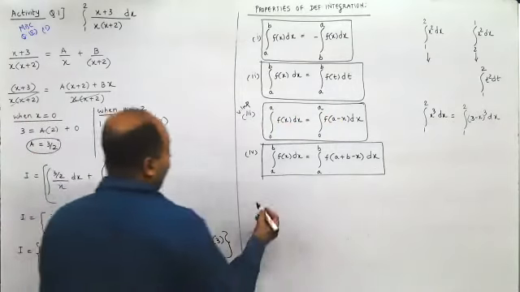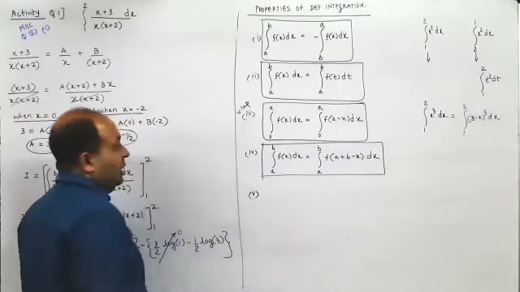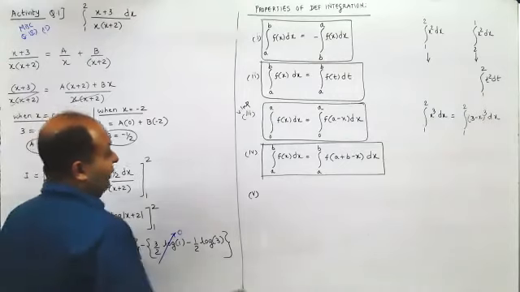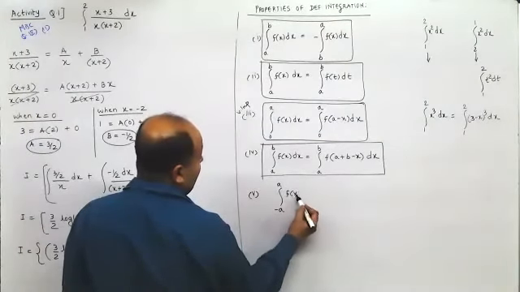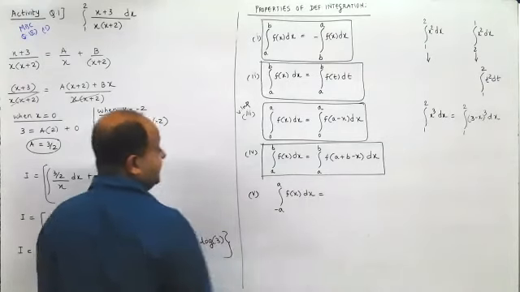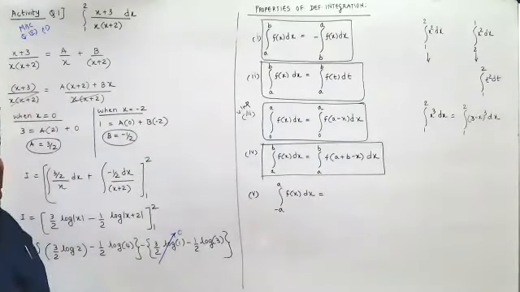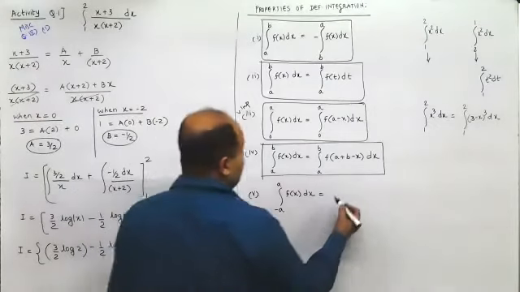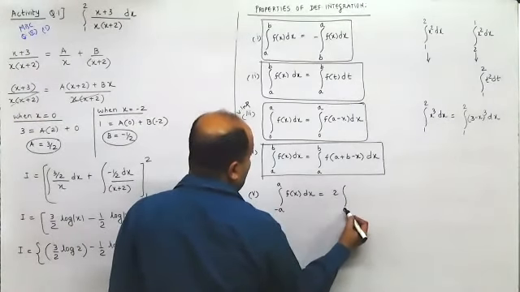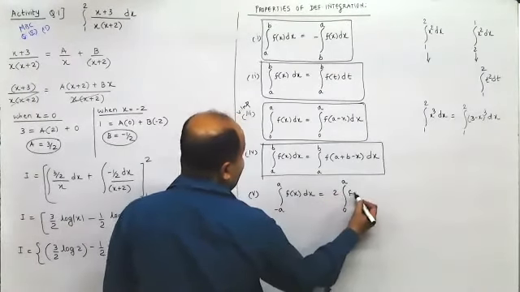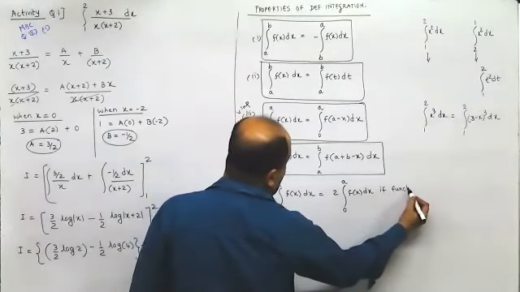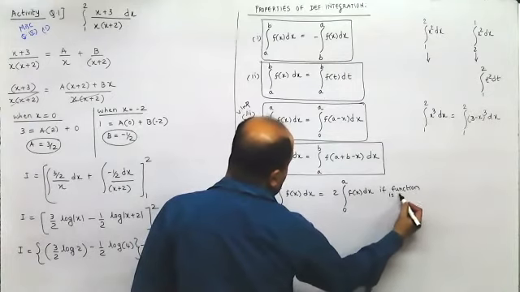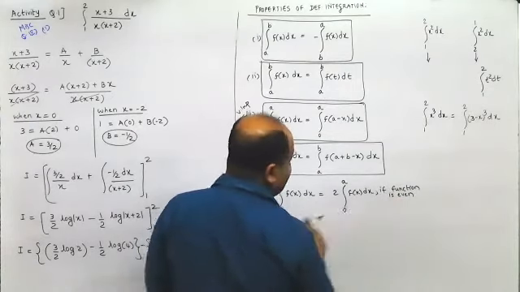Fifth property. If you have the lower limit and the upper limit to be the same, then you need to first check whether the function is even or odd. If the function is even, you have to write 2 times 0 to a f of x dx. What do I mean by function is even?